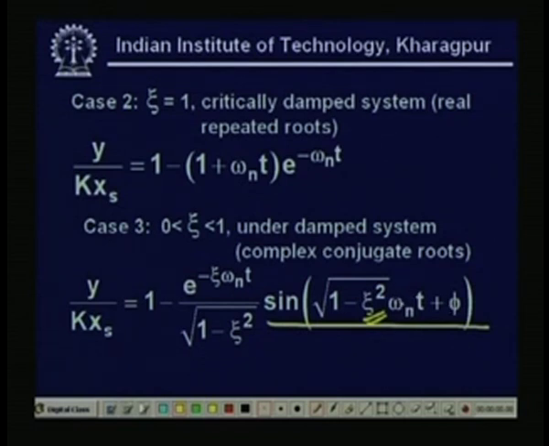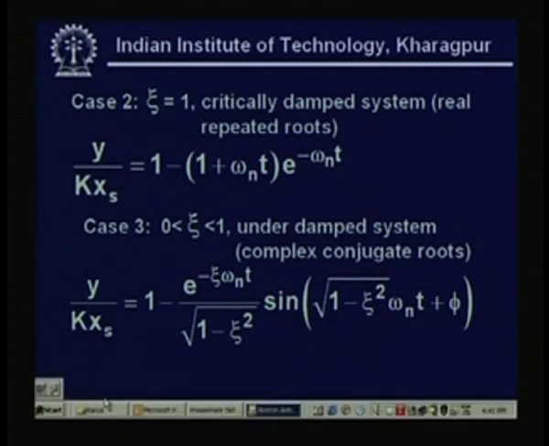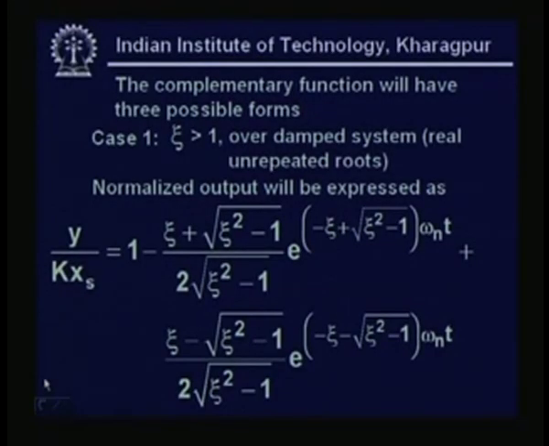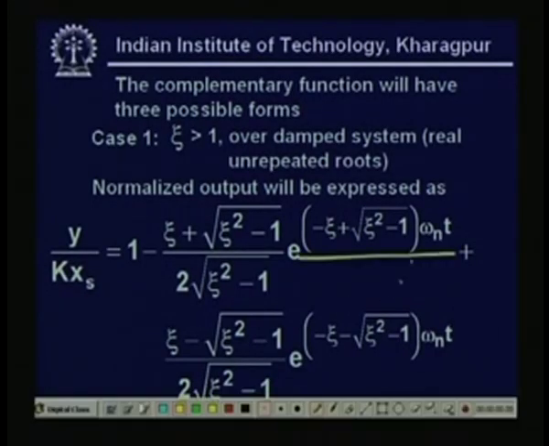If I go back and have a look at the overdamped systems, you see there is no sine term. So in the overdamped system, with no sine term, there is no hump, it only takes a large time to settle down.